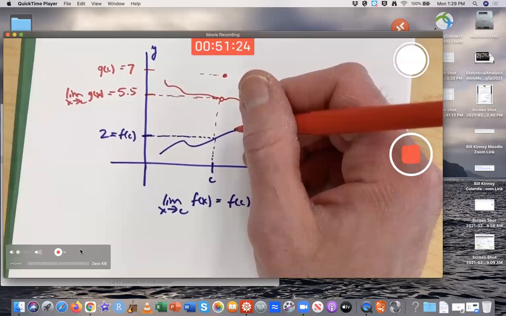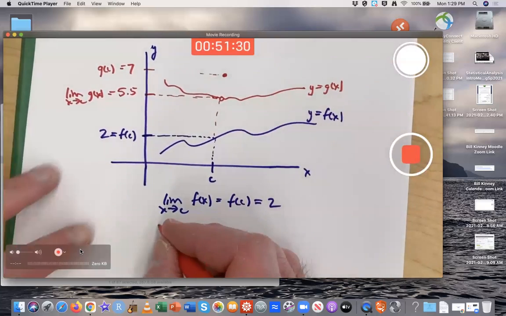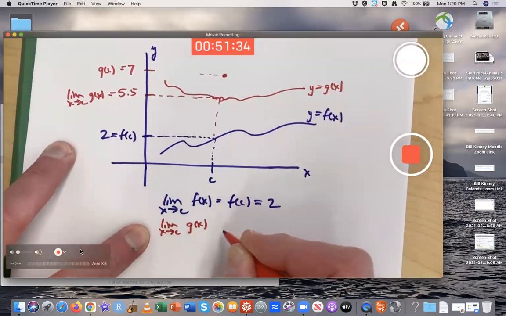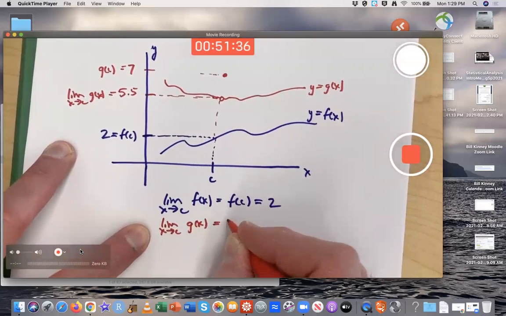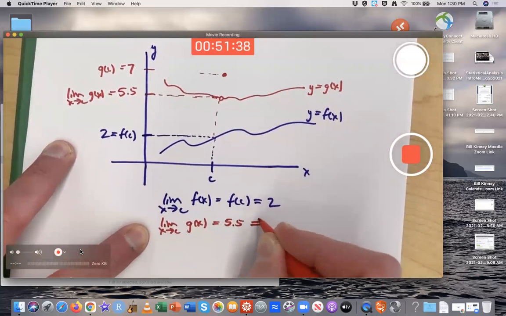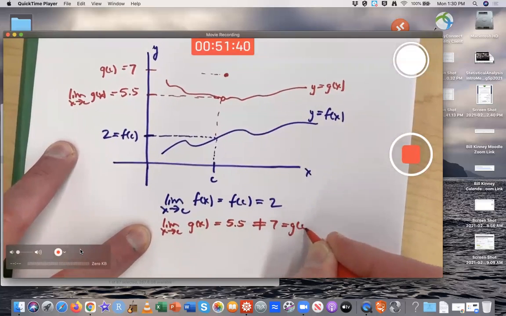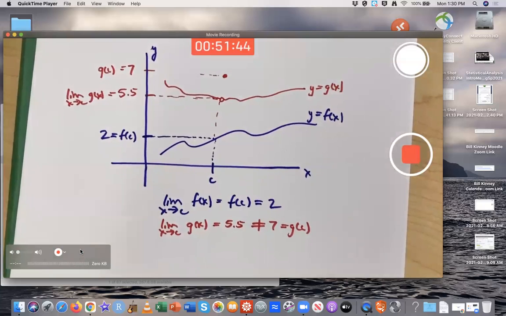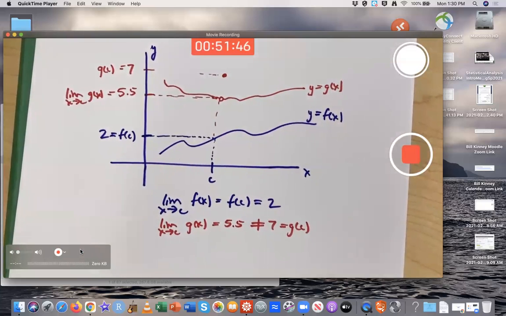Not going to get into that at the moment, but the limit here as x approaches c of g of x equals 5.5, but that's not equal to 7, which is g of c. f is continuous at c, and g is not continuous at c. However, I can still talk about its limit. Its limit does equal 5.5.